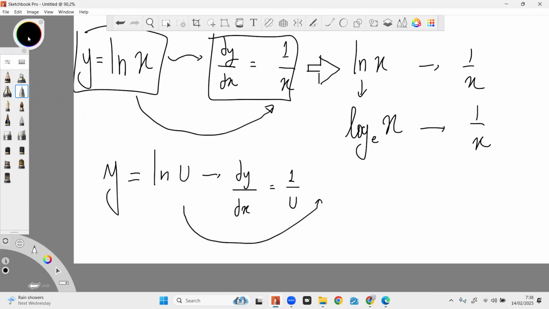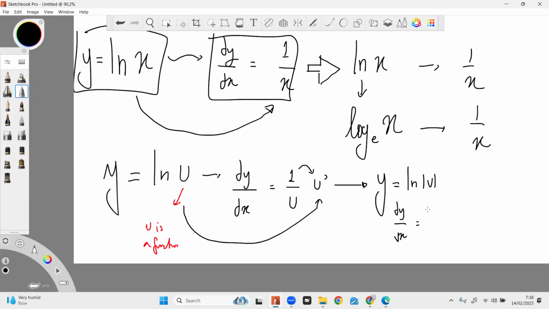Why? Because u is a function. You have to continue to multiply it with u'. That is the way you do. So we simplify. If I have y equals ln u, make it an absolute value, dy/dx is u' over u, or the derivative of the inside over u. Okay, that's the way.